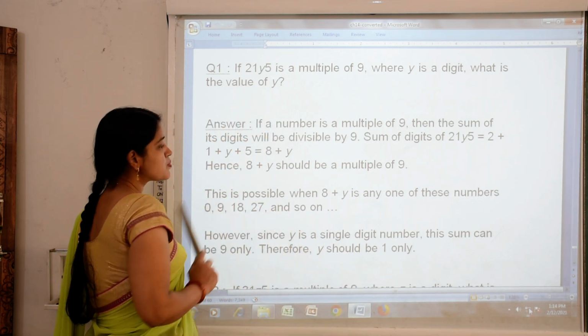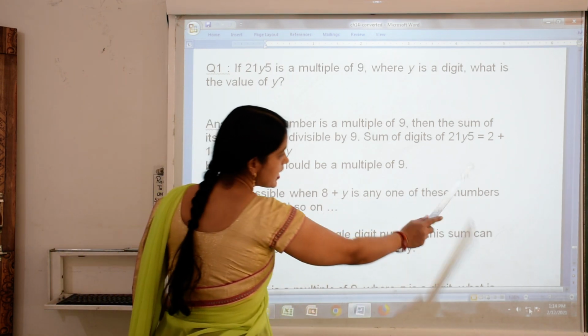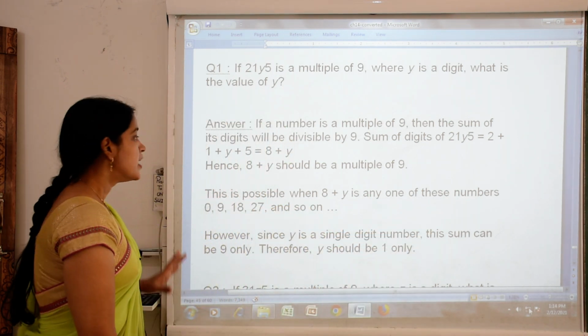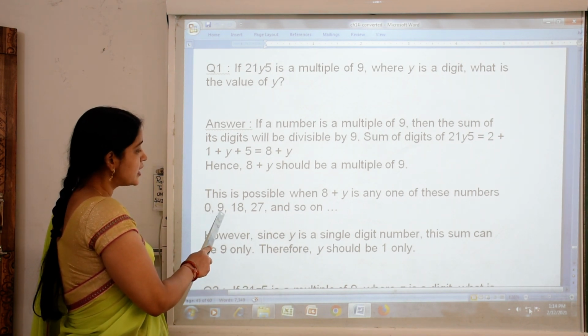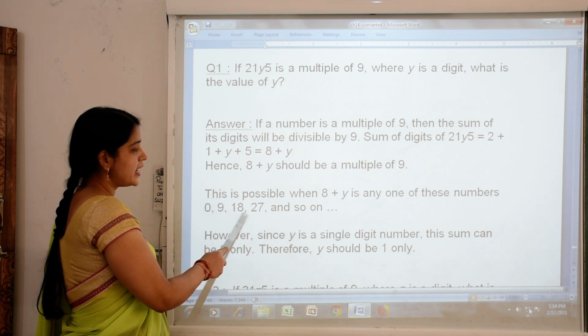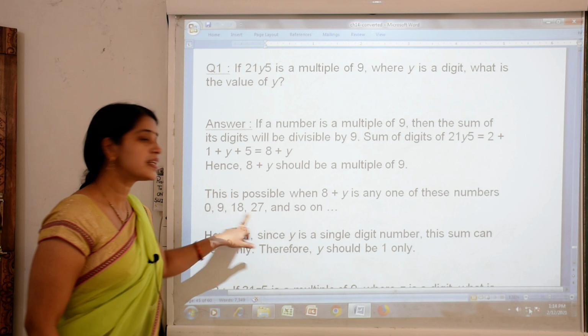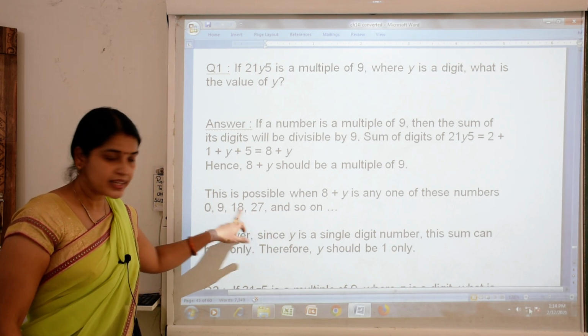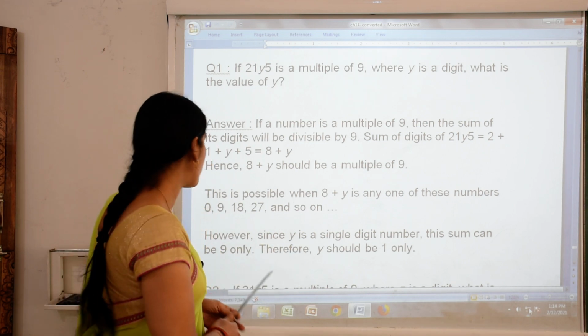So this is possible when 8 plus y is any of these numbers, that means it is equal to 0, 9, 18, 27 and so on. What are these? These are the multiples of 9. 9 ones are 9, 9 twos are 18, 9 threes are 27 and so on.